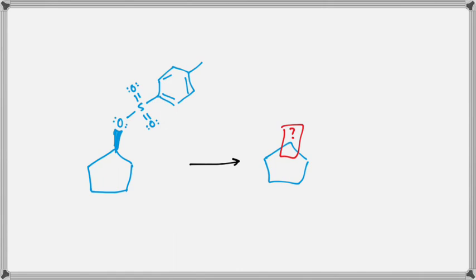Do I expect the electrons in that bond to go with the carbon? No. Why? Because carbon is less electronegative than the oxygen. The electrons in that bond will only go with the oxygen, which then means the top part is the leaving group.